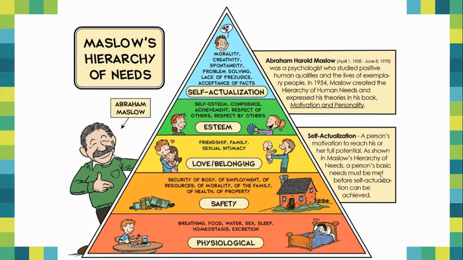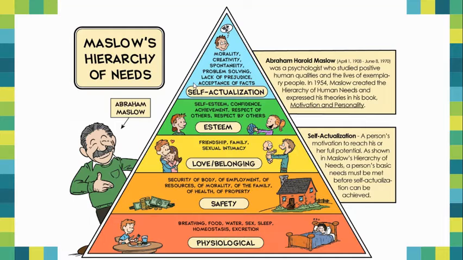So the gist of this is that the needs at the bottom of the pyramid need to be met before we can work our way to needs higher up on the pyramid. So my physiological needs need to be met before I am focused on safety needs. My safety needs need to be met before I'm focused on love and belonging needs. So if I am not seeing lower level needs met, I can't get to the top of the pyramid, which Maslow calls self-actualization.